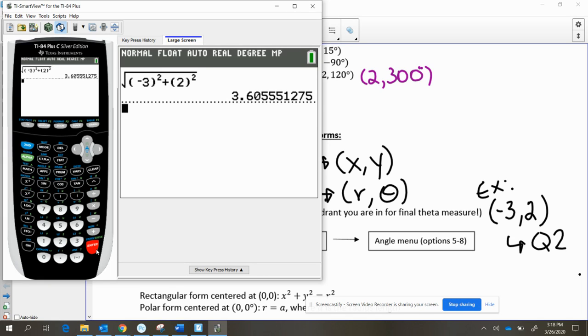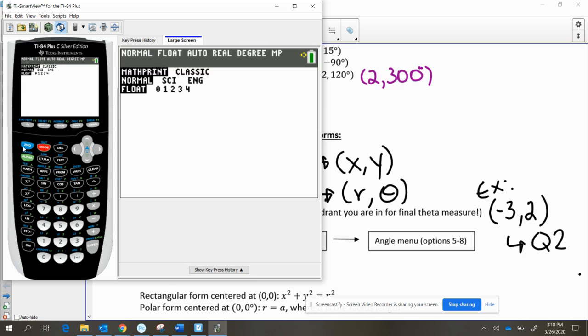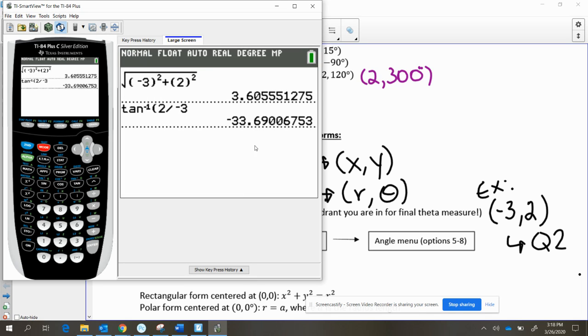We have an r value of approximately 3.6. And then for theta, this is where, again, you also need to be careful because y divided by x, tan inverse, double check your degrees mode, and notice -33.7, that is a quadrant 4 value.